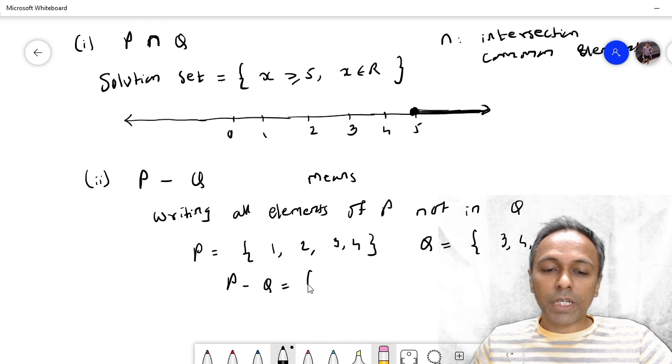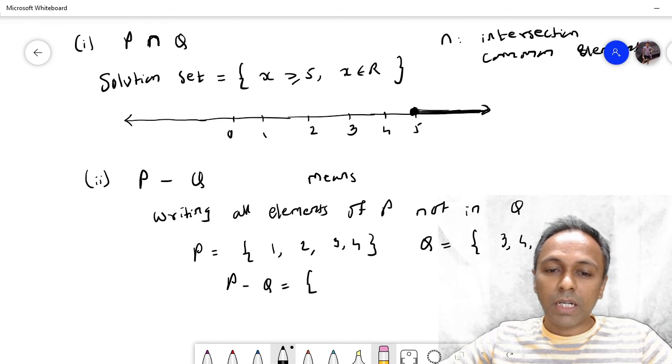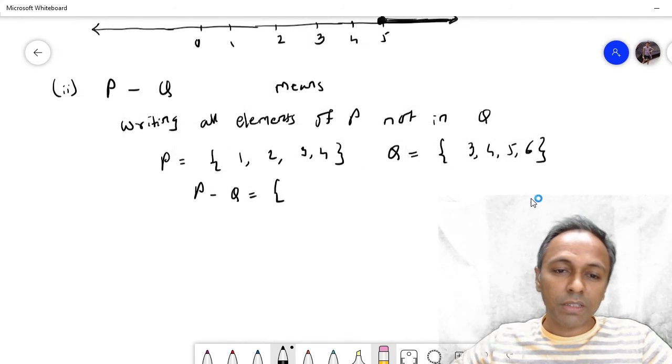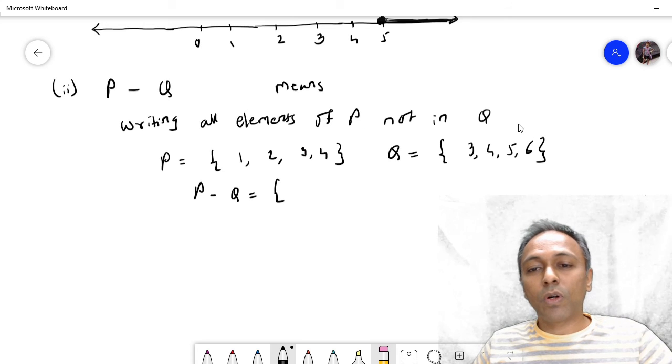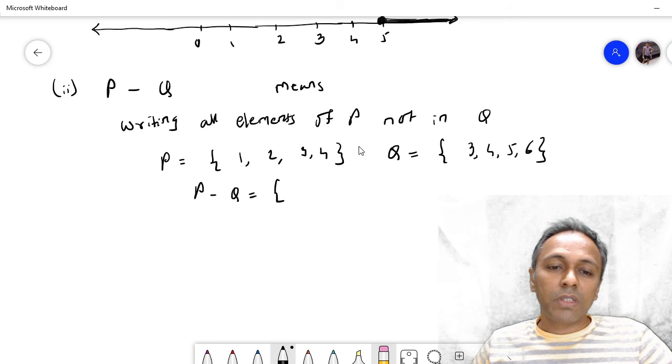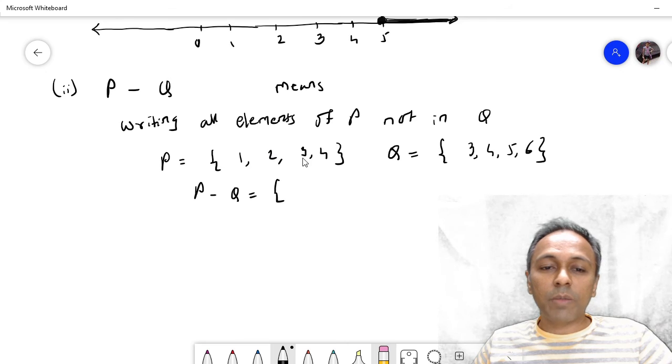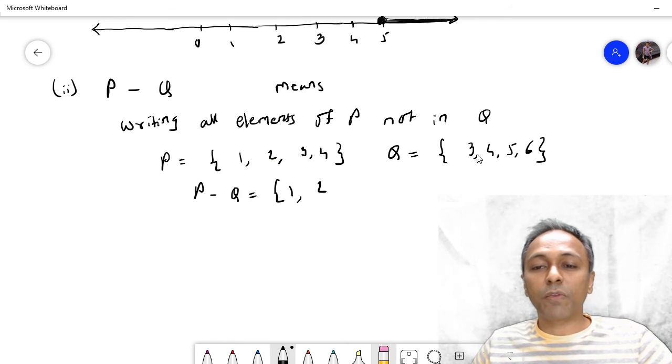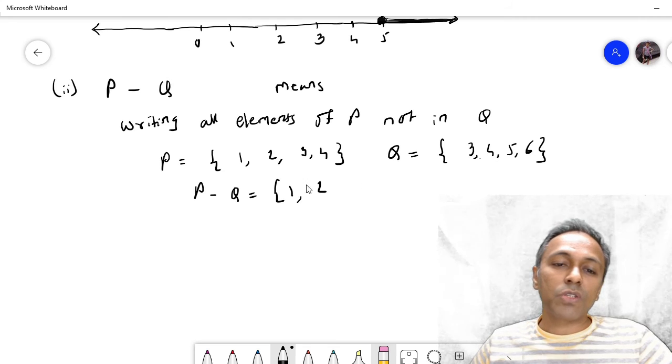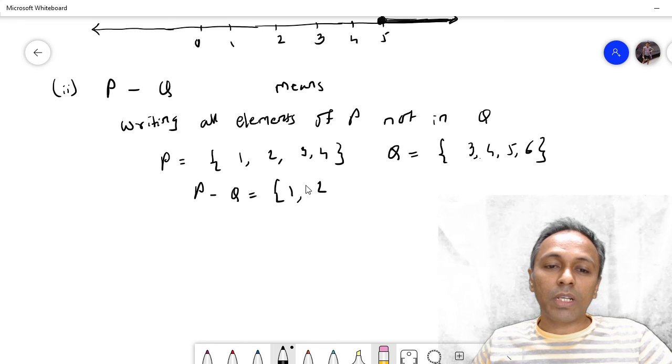So in that case P minus Q will be writing all elements of P, but they should not be in Q. So when I am writing all elements of P, I am about to write 1 2 के बाद 3 4, but 3 4 are belonging to Q, so we will not be able to write it. They should be not in Q.